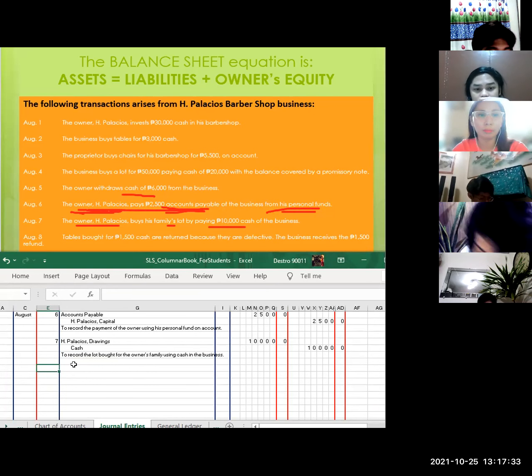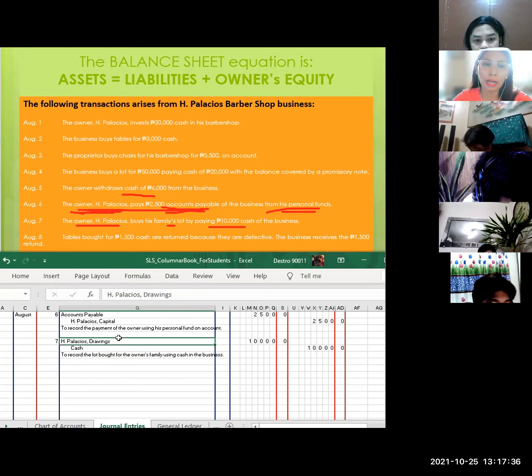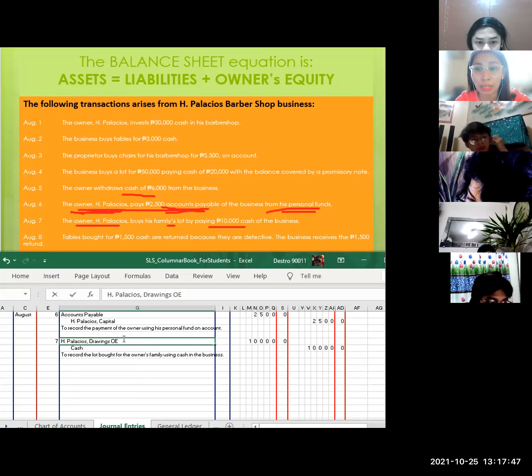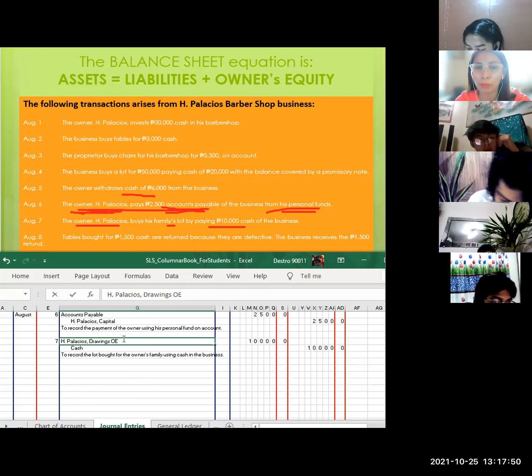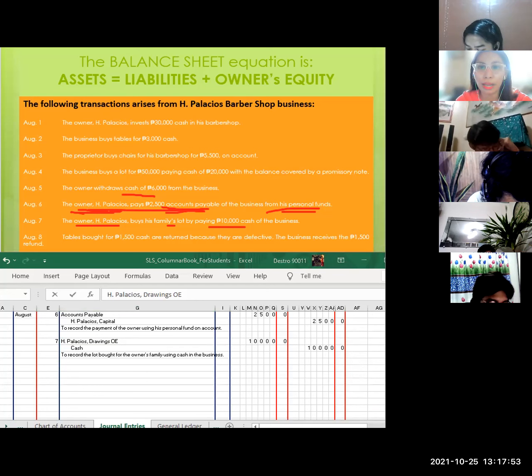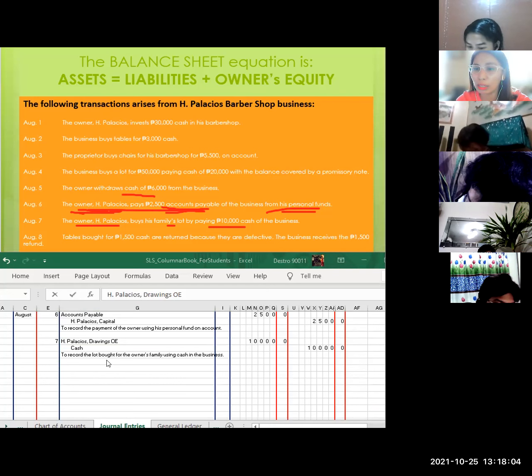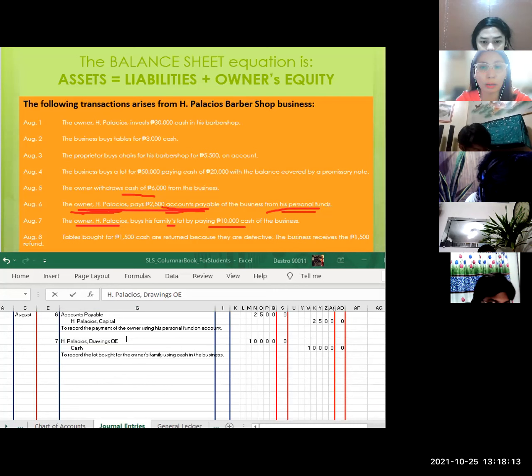So originally, the owner's capital, this one, owner's equity account, normal balance is on the credit side, right? Please refer to the equation I provided nung last time. Okay, yung normal balance ng owner's equity account is on the credit side. This transaction number 7 ay merong withdrawal ng money.